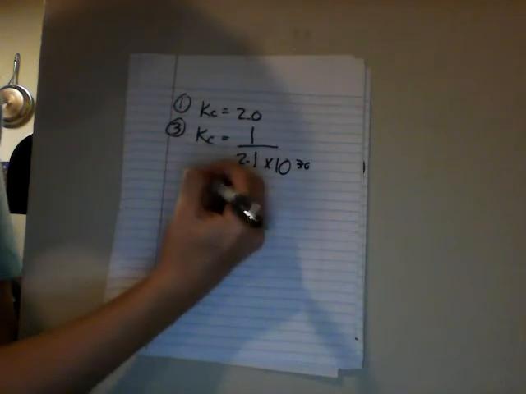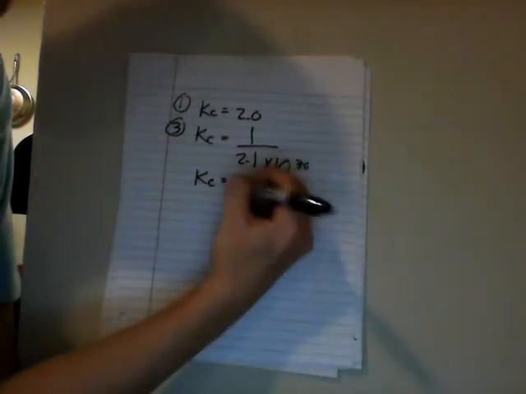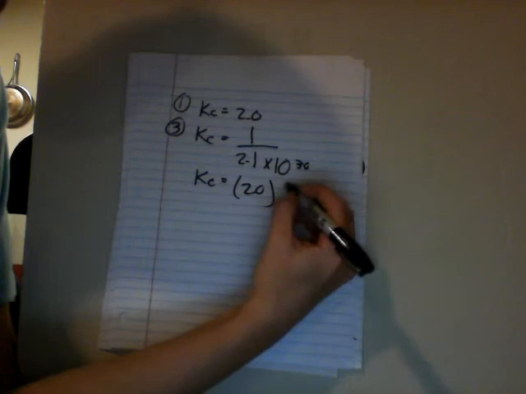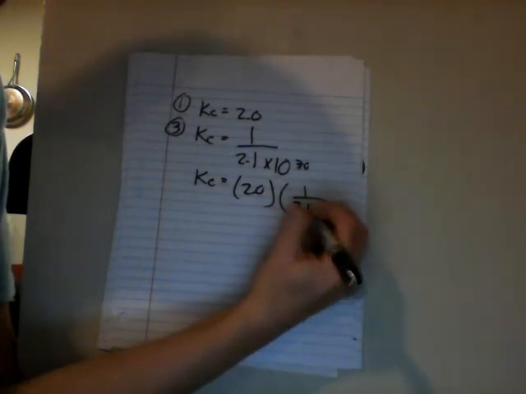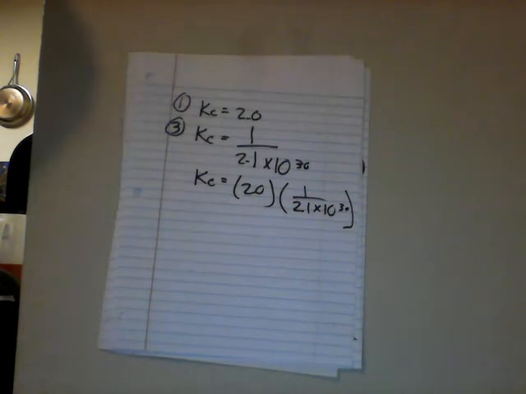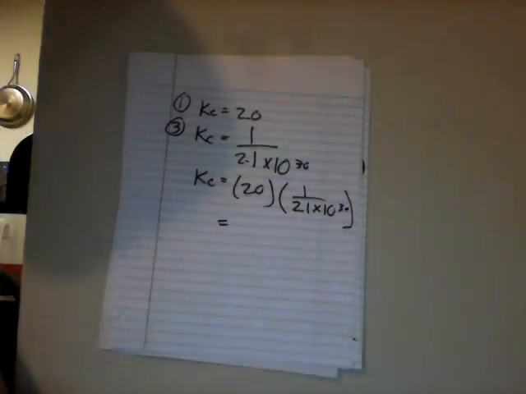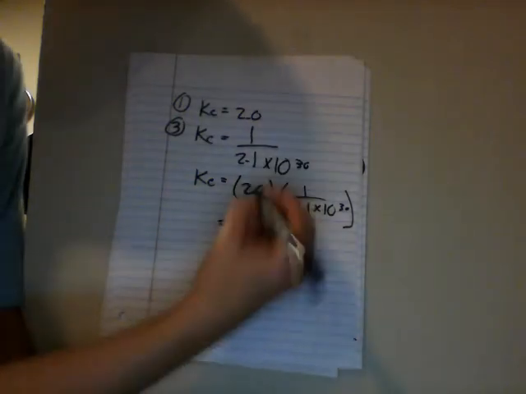So in order to get my overall reaction for the equation I just came up with, we're going to literally multiply these two together. 2.0 times 1 over 2.1 times 10 to the 30, okay? So that's going to be my overall Kc for this reaction, this two-step process.